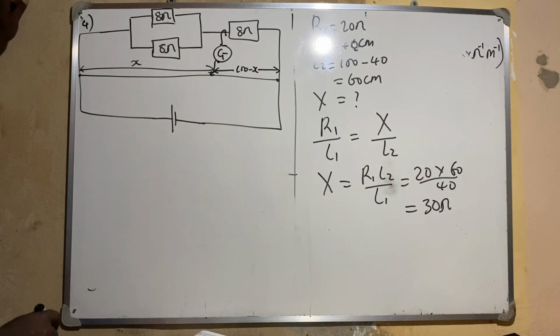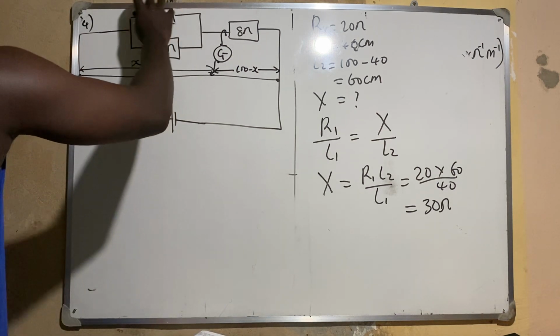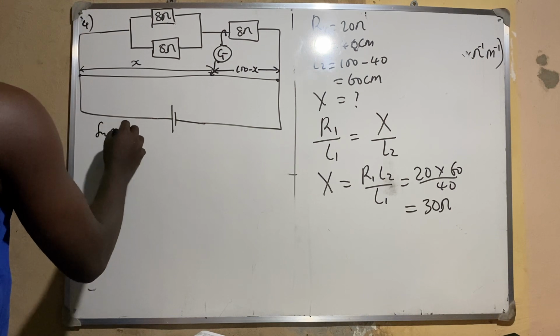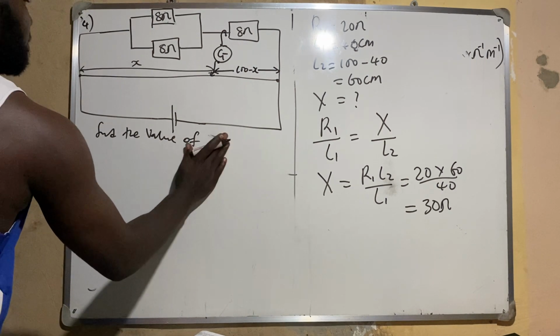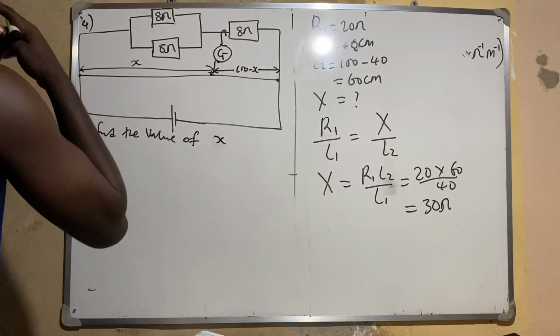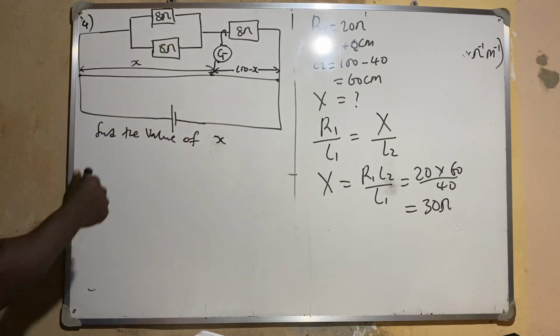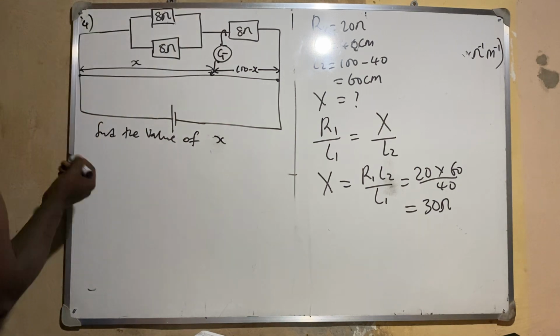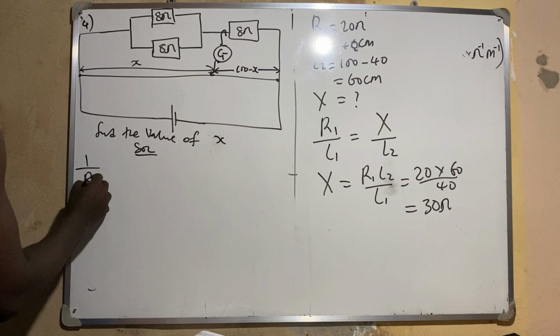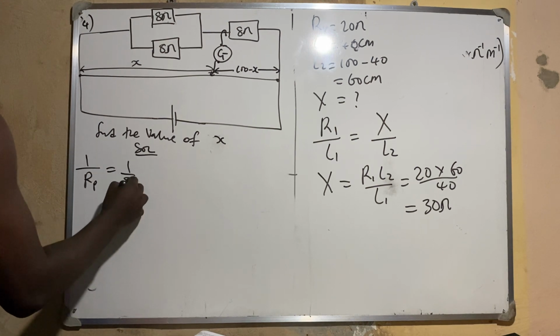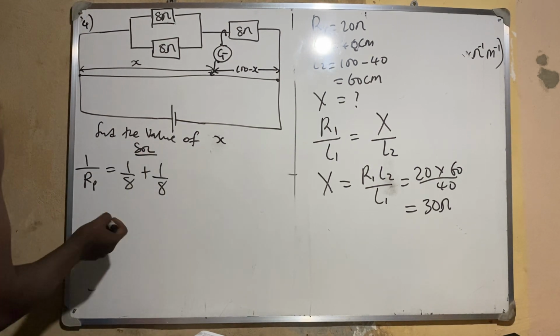Now for me to find the value of x, I have to resolve this one that is in parallel to be in series. So I'll tell them, solution: 1 over the one in parallel is equal to 1 over 8 plus another 1 over 8, because they are in parallel.